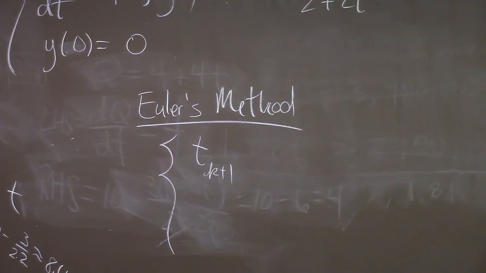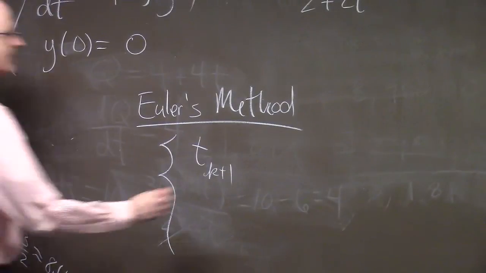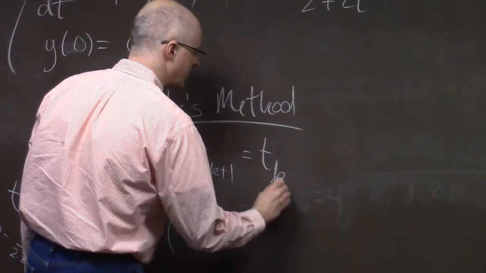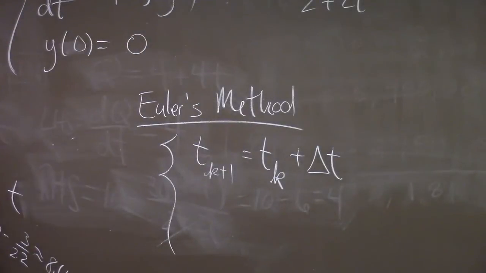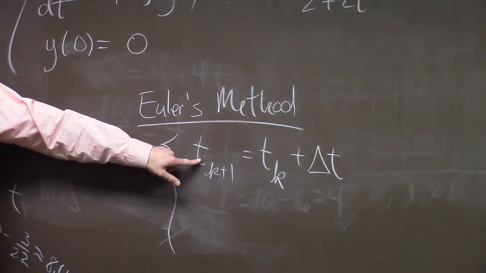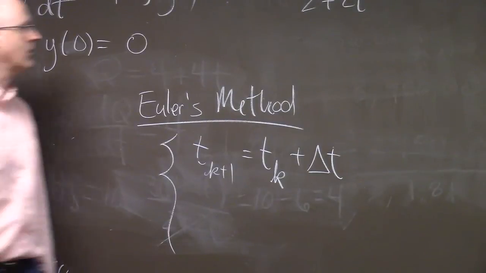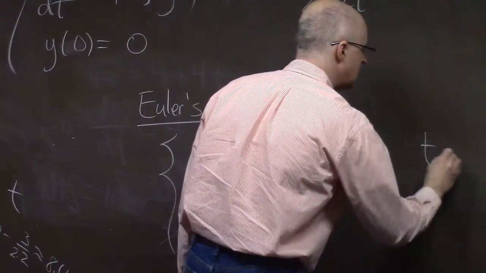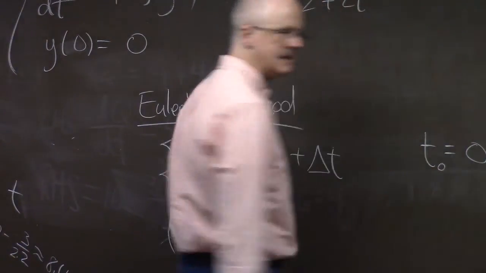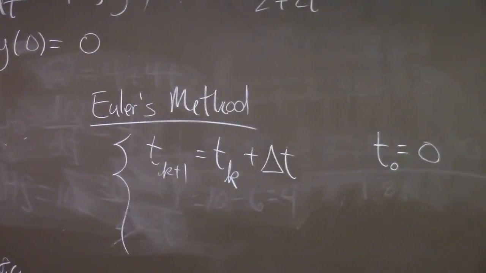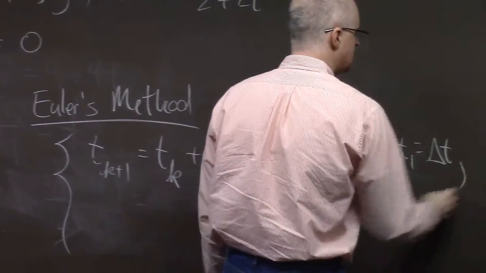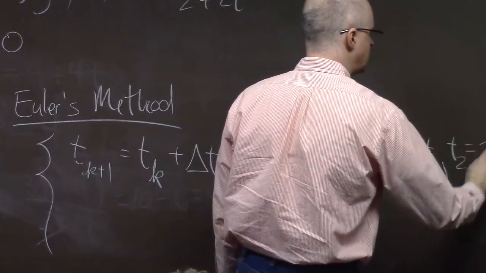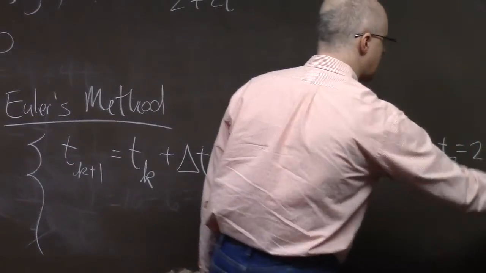In this case, it's 0.1. This is called a recursive equation. t sub 0 is going to be, in our example, 0, the initial condition. We're going to start at k equals 0. t sub 1 then will be delta t. t sub 2 will be 2 delta t, etc.